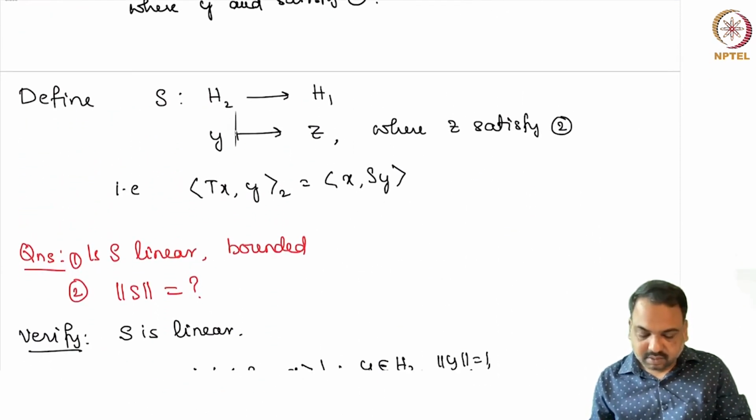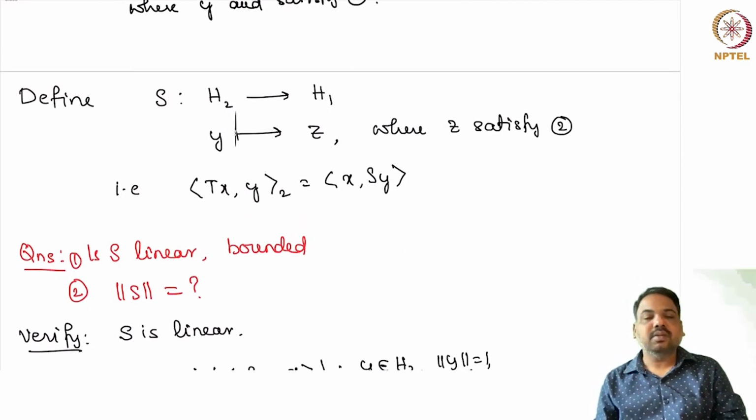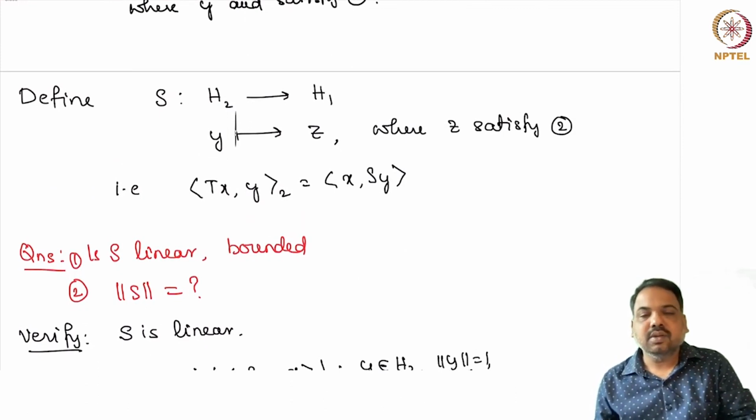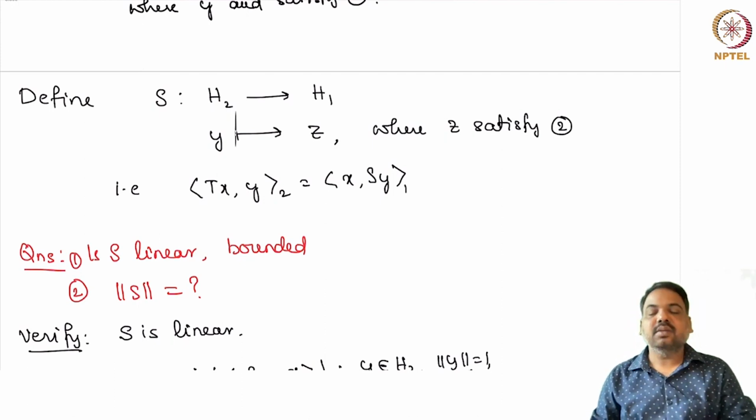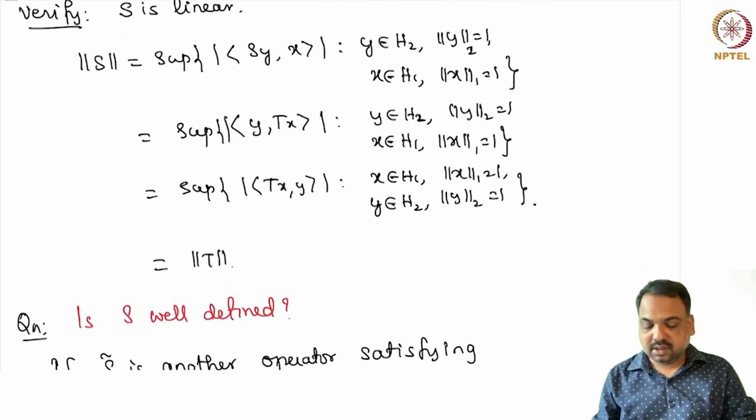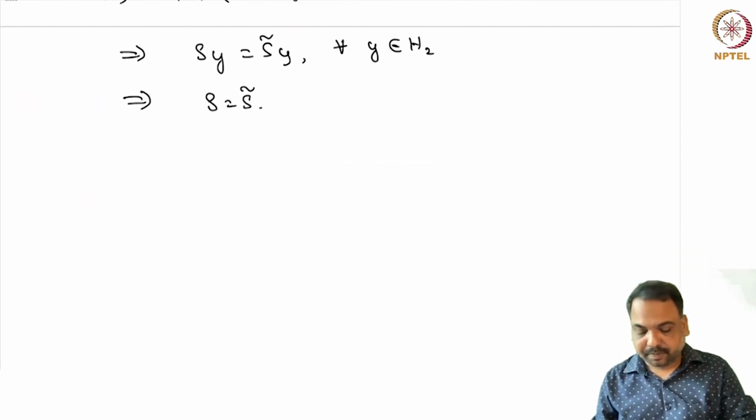What is the meaning of such a map? It satisfies the inner product of Tx with y equal to the inner product of x with Sy, where the right-hand inner product is in the first Hilbert space.